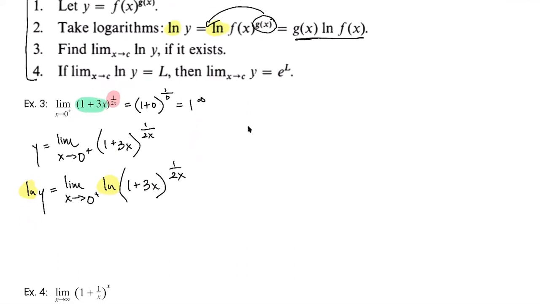And so what that's going to give us is we'll keep the left-hand side the same. The right-hand side is going to become 1 over 2x times the natural log of 1 plus 3x. Okay.